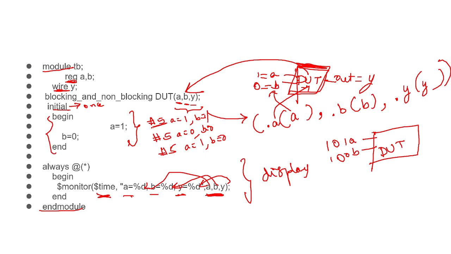So this is the time. We define any delay using this symbol hash. Is it clear? The test bench definition and the syntax, is this clear?